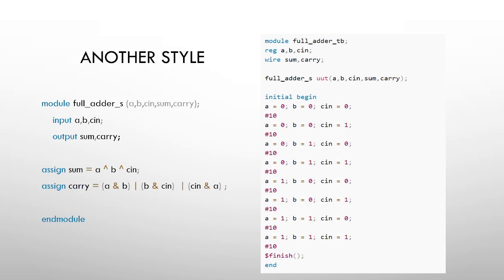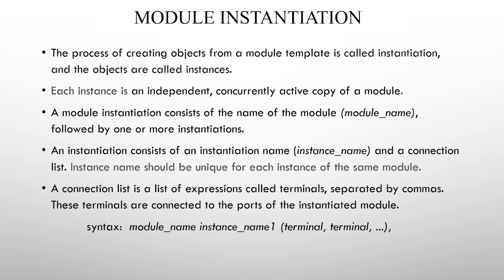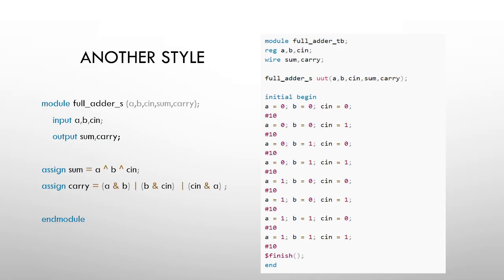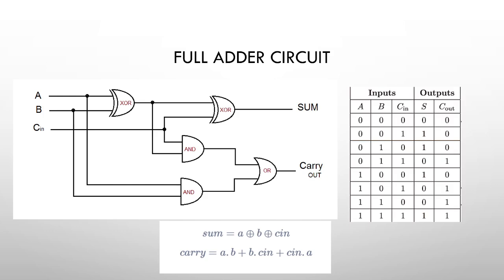This is one style and this is a different style, another style you could say. But one important thing is you shouldn't mix and match both. This is about the Verilog module, what the module is and what the syntax of the module is, what things will be there within the module.